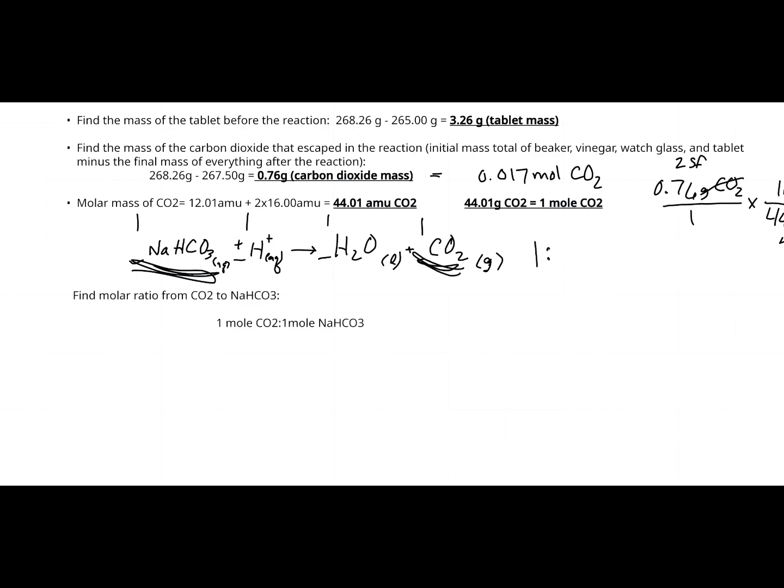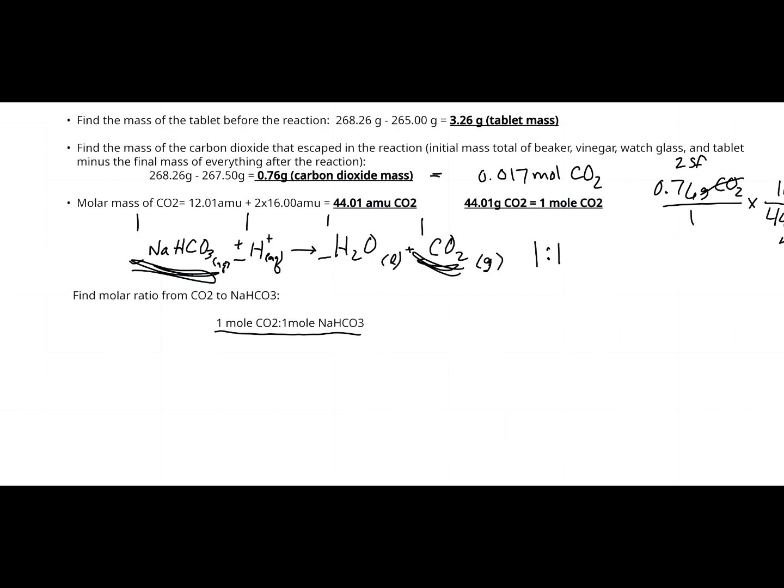If I really want to look, my molar ratio is 1 mole of carbon dioxide to 1 mole of sodium bicarbonate. Now that I understand that, by the way, this chemical equation they want you to use is on page 216, and it does reference you to that. So you can use your book to view that. That also should be in your lab report, okay?